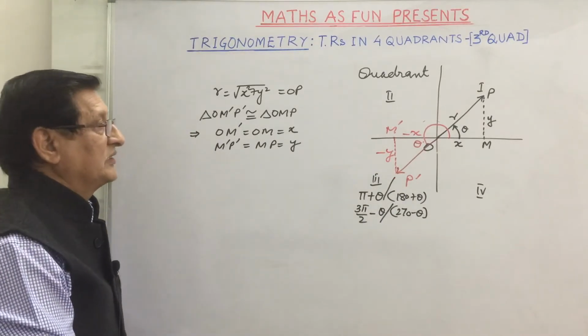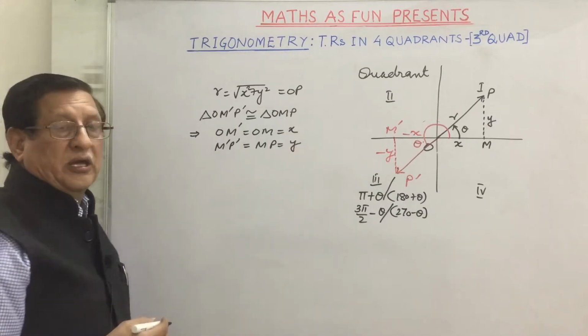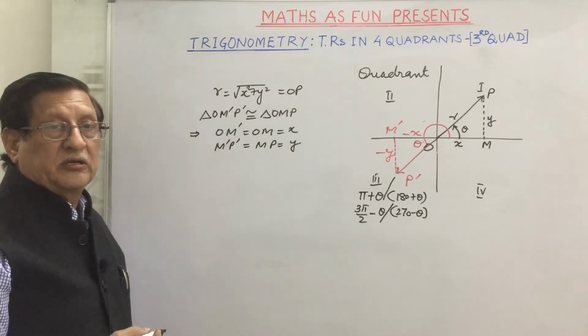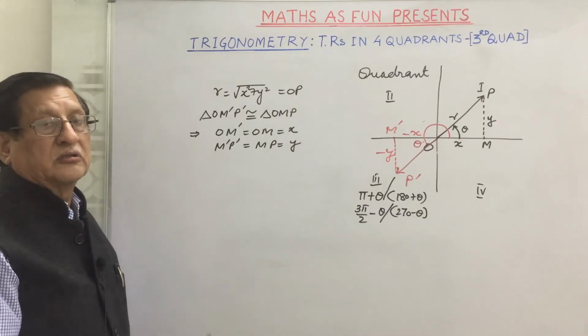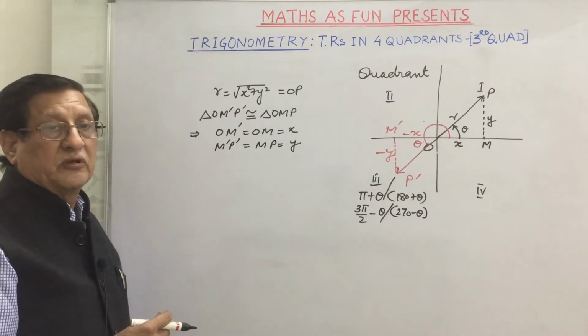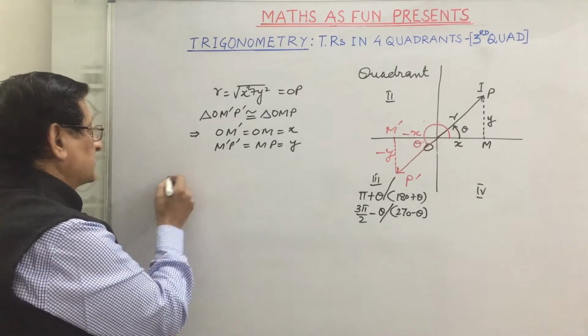And when we find the value of the trigonometrical ratios for the angle of 180 plus theta, let's start.